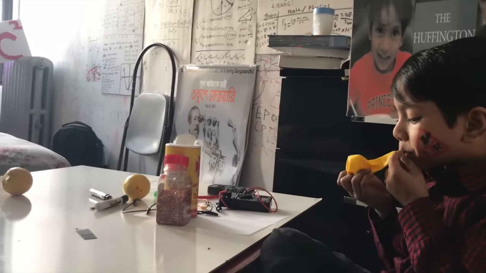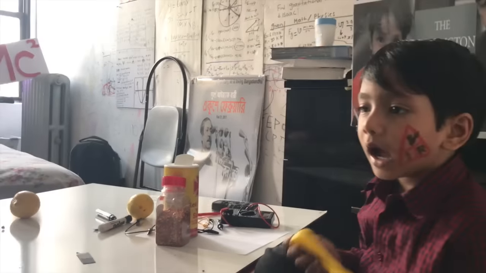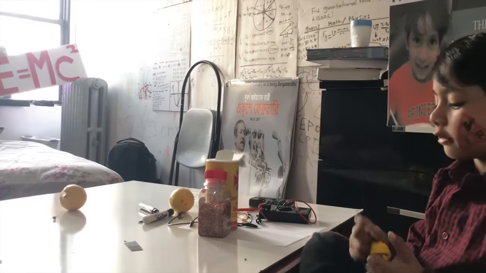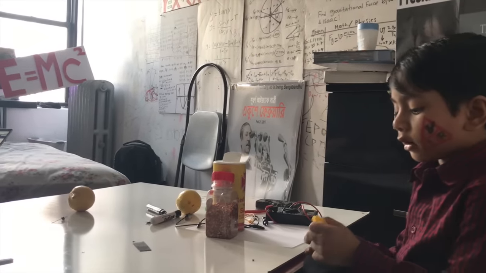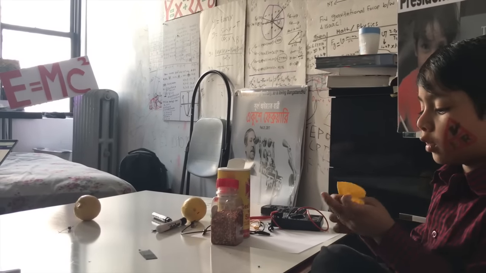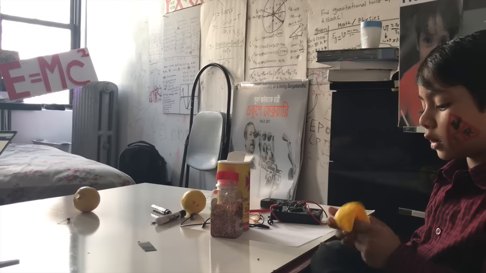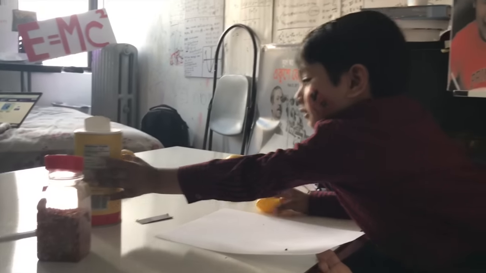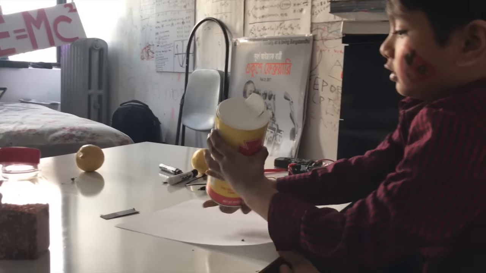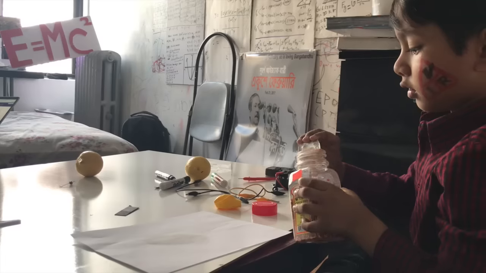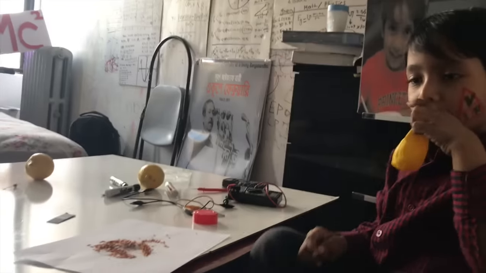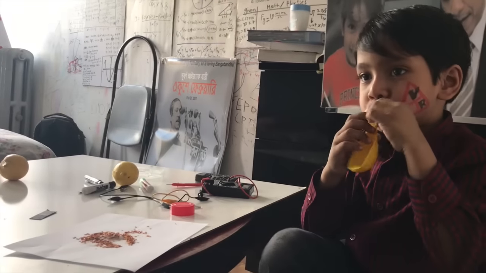I'm going to blow up the balloon, and then I'm going to rub it on my hair, and then all the electrons from my hair are going to move to my balloon, and then I'll use the balloon to separate the paper from the salt. Now I'm going to mix it with the knife. Now I'm going to blow up the balloon.